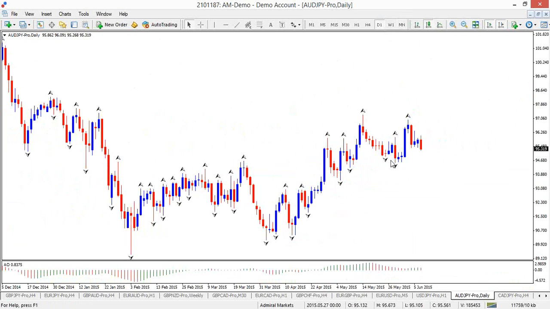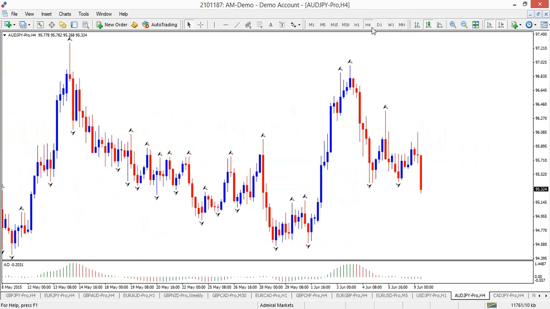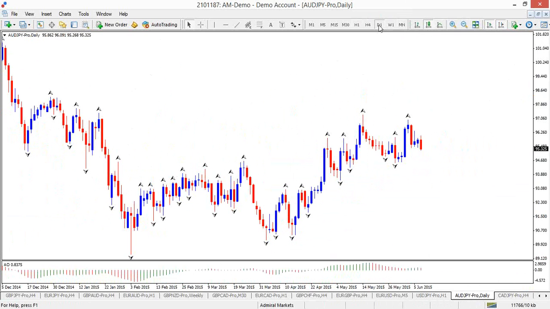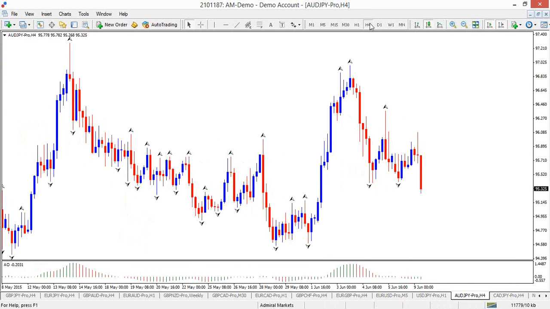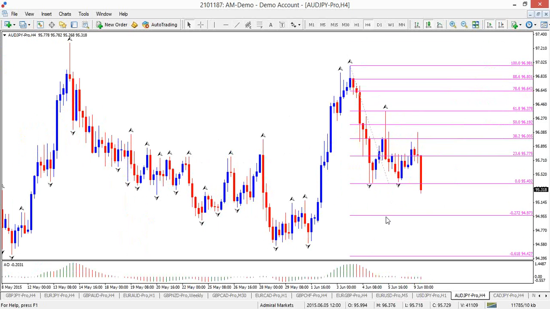Yeah, I see your point. It is. Still above daily support, definitely. So from that point of view, if I would be looking for a long, I think 95 makes sense probably.